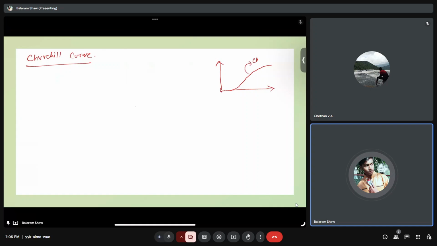So this will be the Churchill curve, and it will be the plot between trap efficiency and sediment index. Obviously, trap efficiency will be in either fractions or in percentage if you multiply by 100.